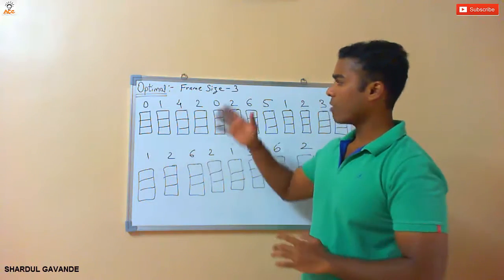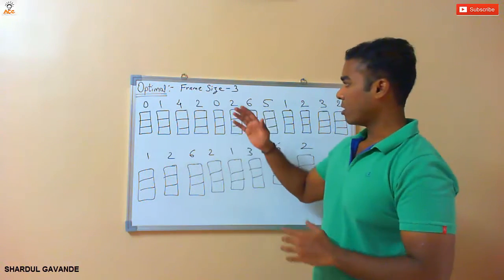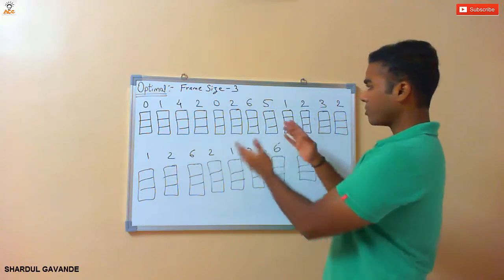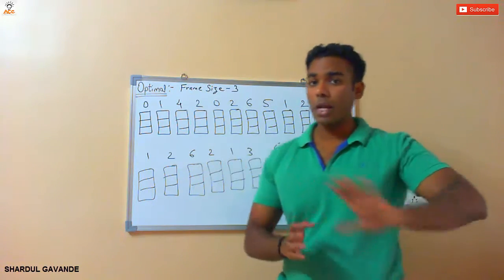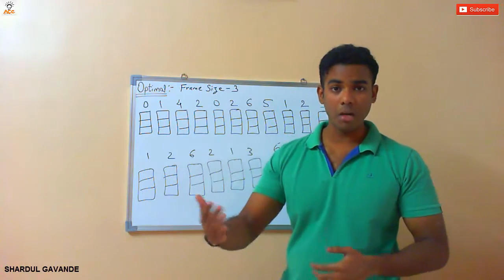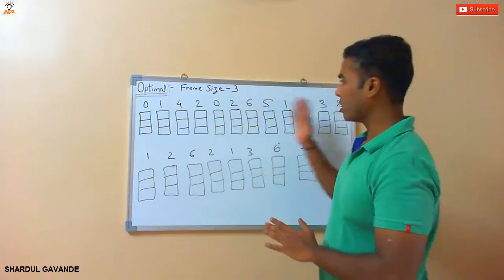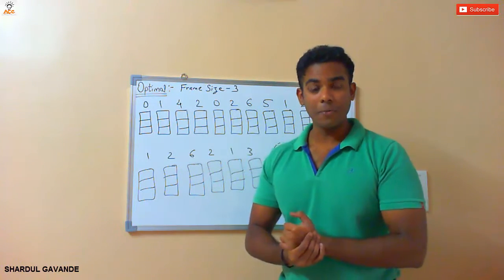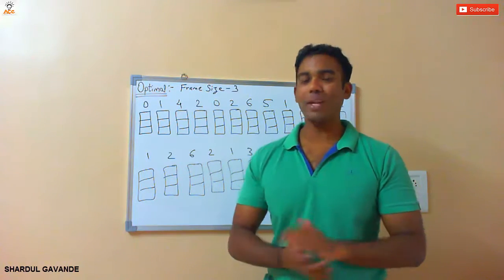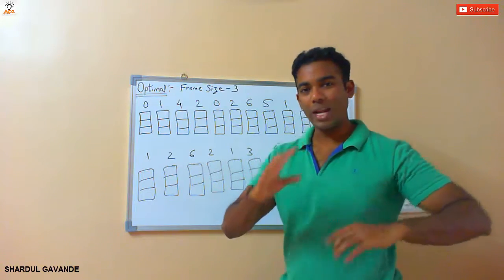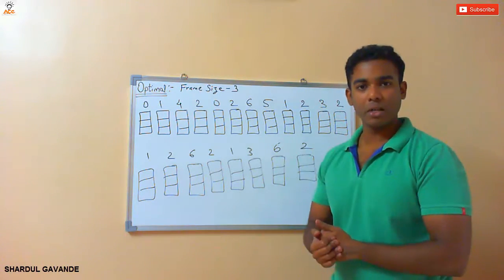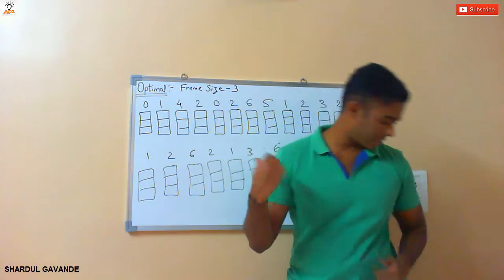That means if a particular number is needed in subsequent page sequences, do not replace it. But if there is a number which we do not need in further page sequences, then simply replace that number. Well, this is quite complicated to understand, so let's understand it by solving the sums. Okay, so let's start.